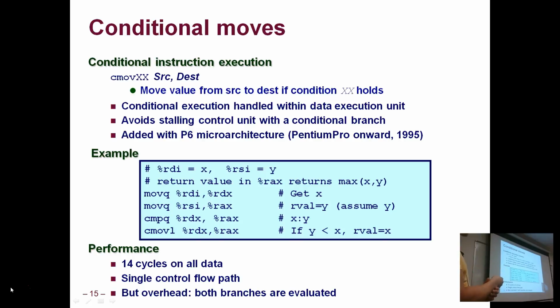But the semantics is I am going to conditionally move the source to the destination only if this condition holds. Rather than conditionally branching, if you just do this conditional move, there is no branch. You just keep on executing down through the conditional move, and the result of the conditional execution shows up in your data.